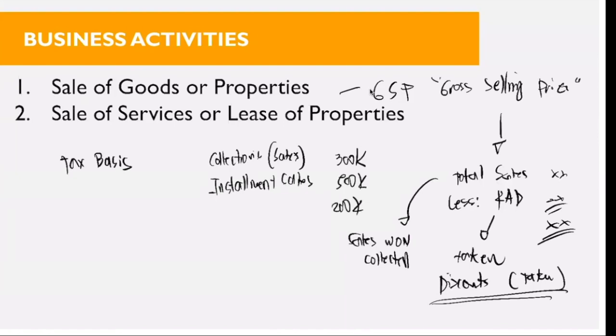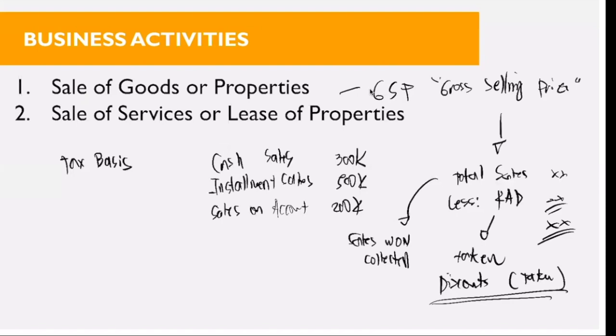And then we have also your sales on account of 200,000. Wag na lang tong collection na sales, cash sales na lang. Okay. Cash sales 300, installment sales 500, sales on account 200,000.